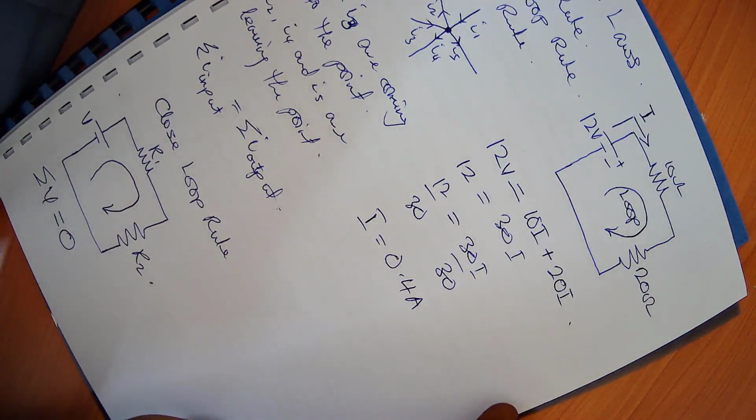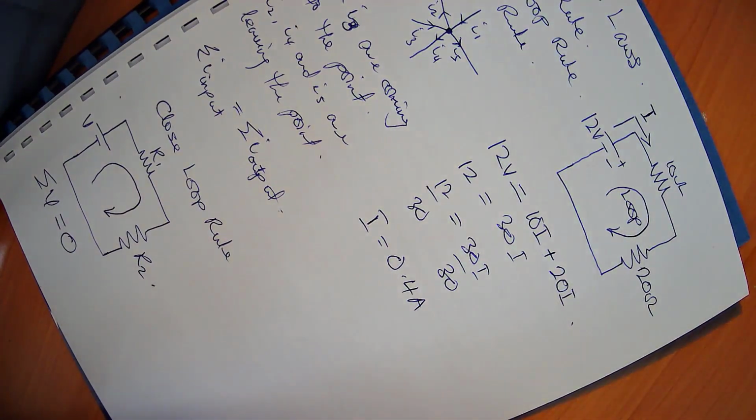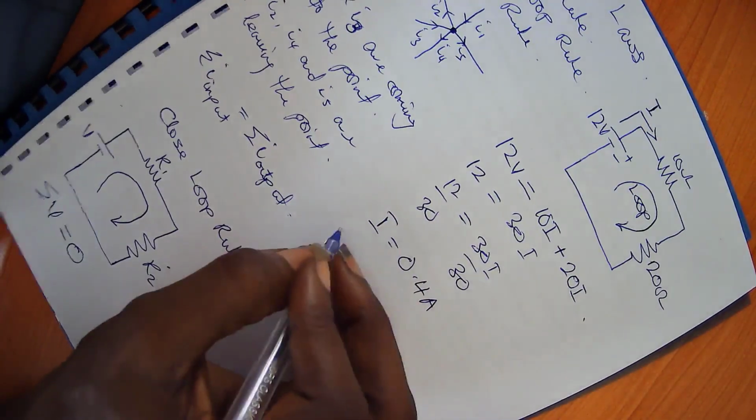Now let us verify the rule. Let us calculate the voltage drop across each of the resistors.